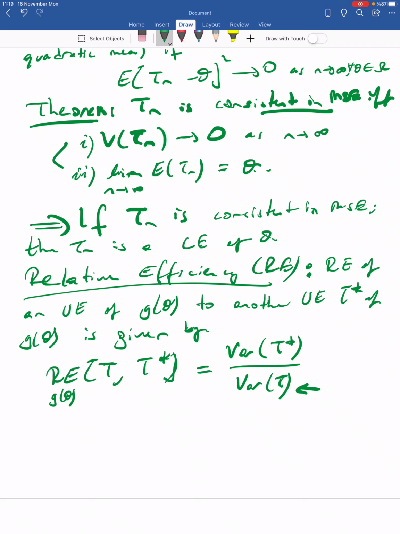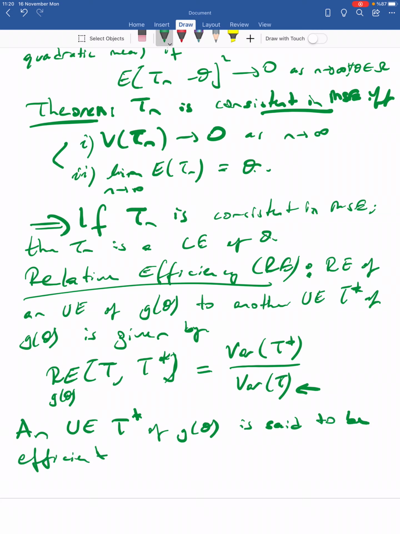So if the relative efficiency is just 1, these are equivalent actually. But if we have an unbiased estimator T star of g theta, it is said to be efficient. To say that our estimator is efficient, its variance should be lower.